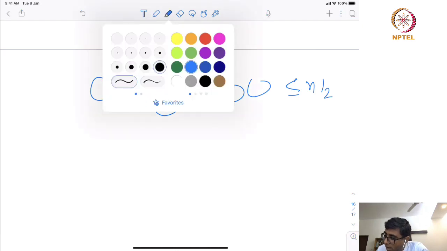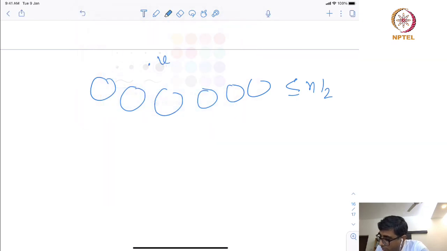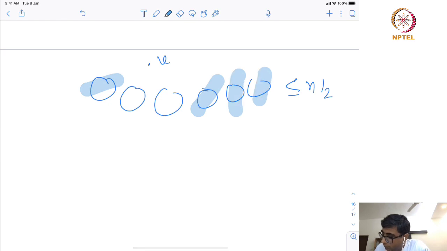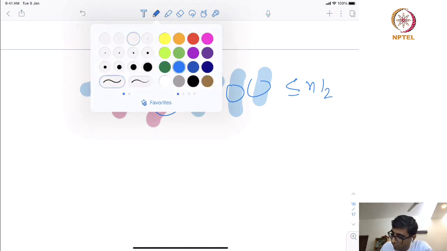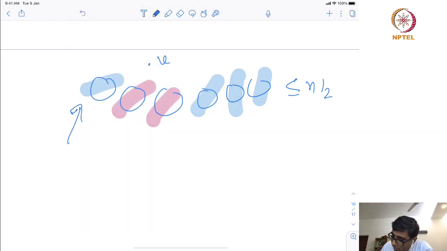Let us partition these components into, say, this is the A part, and this is the B part, based on their sizes.